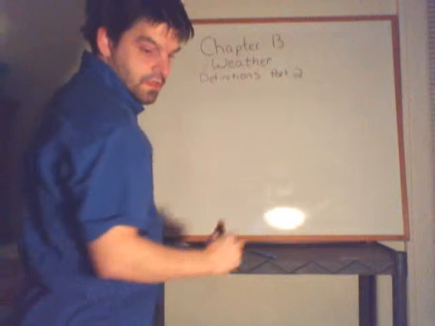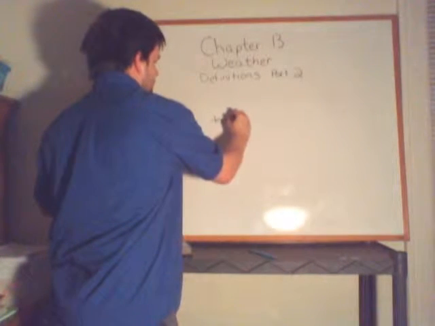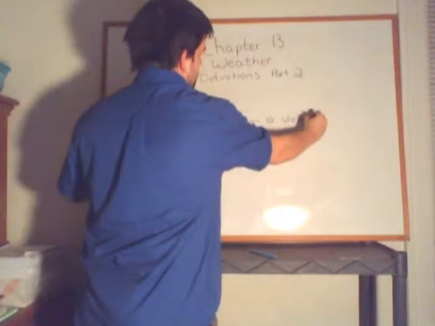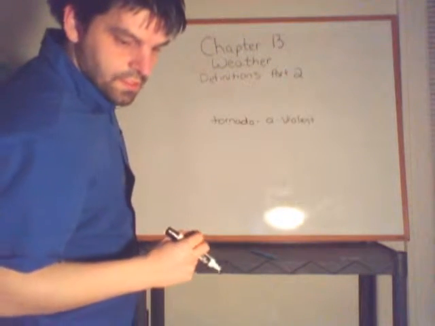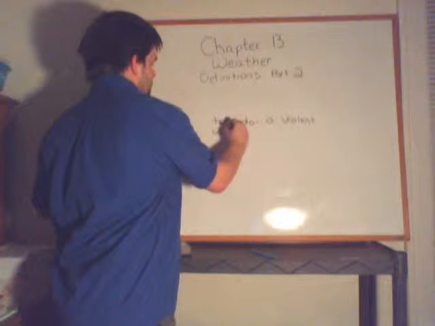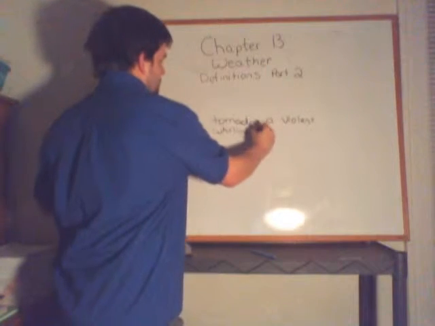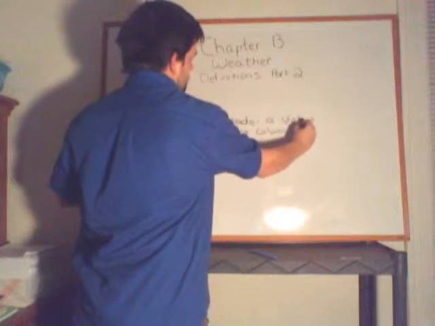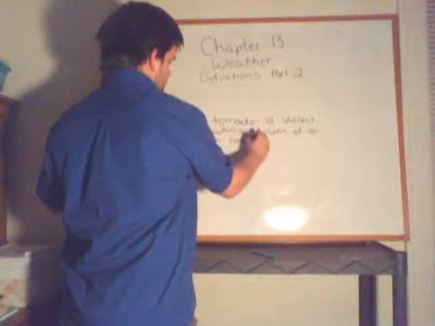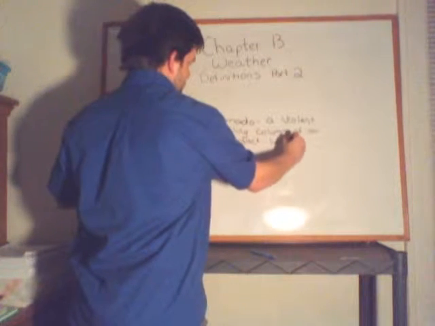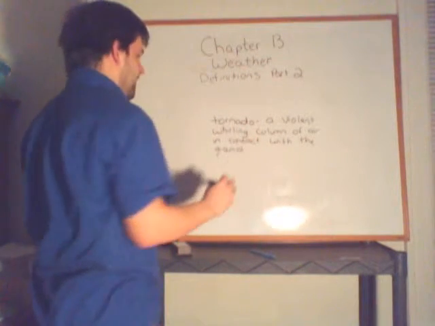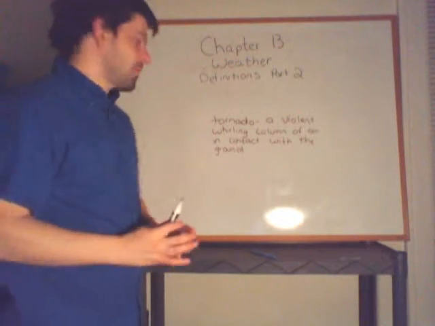Our next definition is tornado. A tornado is defined as a violent whirling column of air in contact with the ground.